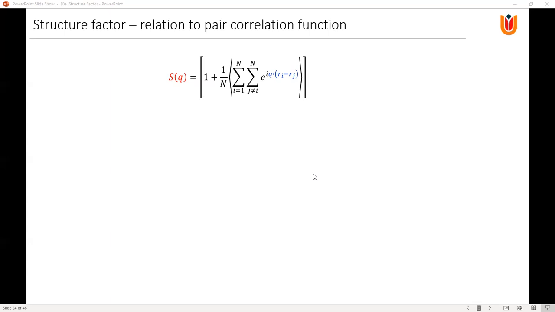So if we had some center particle in an ensemble here, we had a number of other identical particles around it.